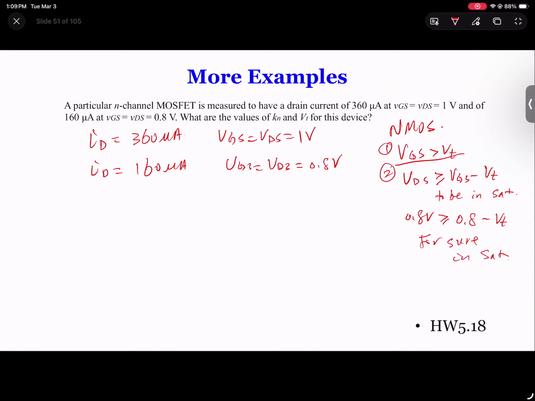If VG and VD are connected, if VG and VD are the same, the device is guaranteed to be in saturation mode because of this equation.